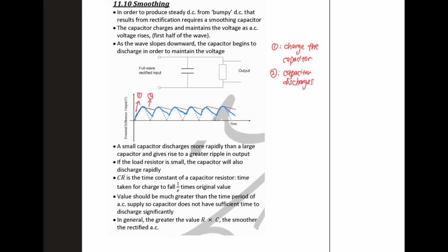If they finish very fast, right? So I label first. This is the small capacitor. The charge finishes very fast and makes the voltage go down quickly. The red one is the large capacitor.